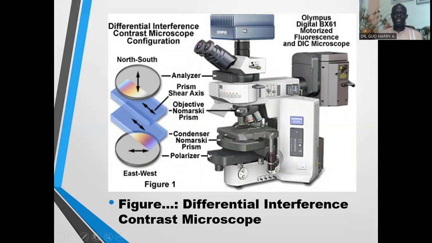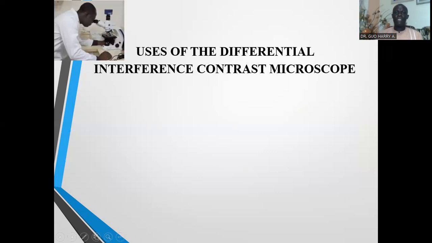Then it also has a polarizer and other features.